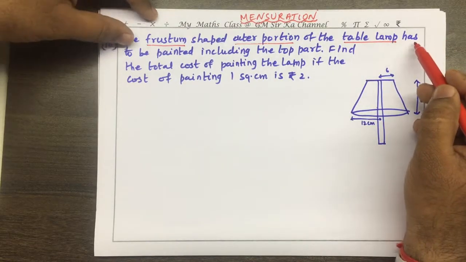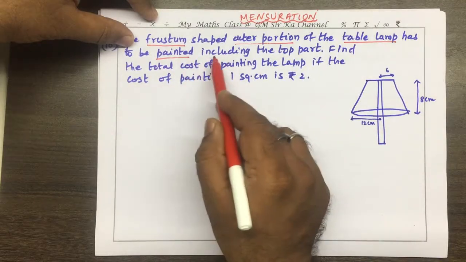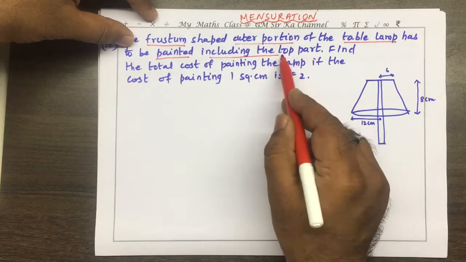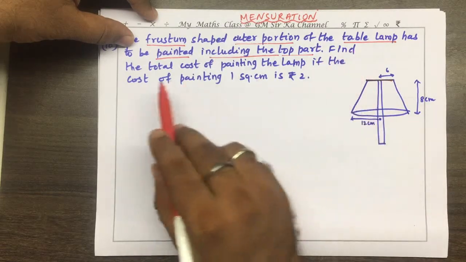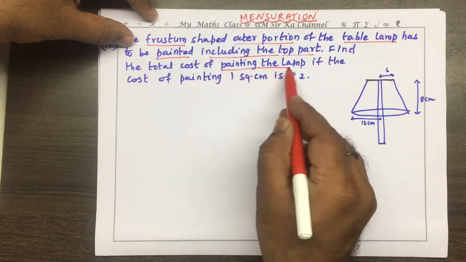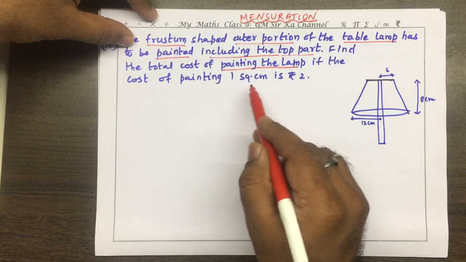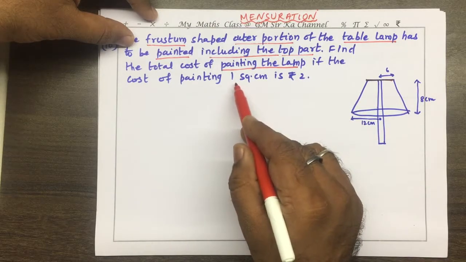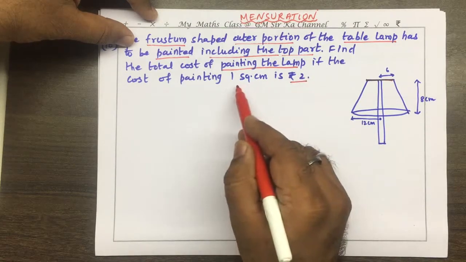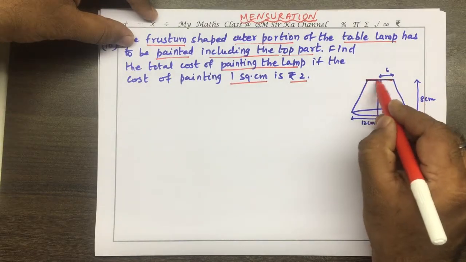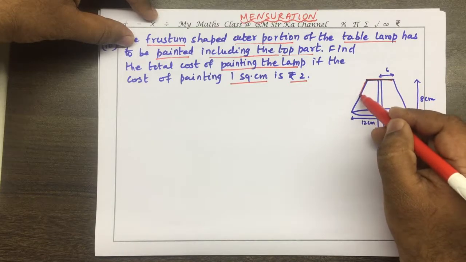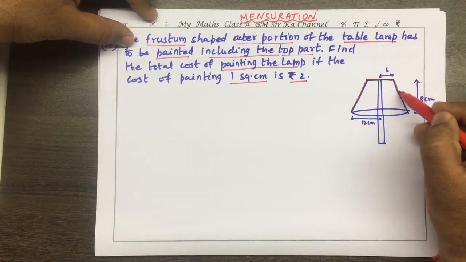It has to be painted, including the top part. That is this part we have to paint. Find the total cost of painting the lamp at the rate of rupees 2 per centimeter square. So we have to paint this surface, and this surface.